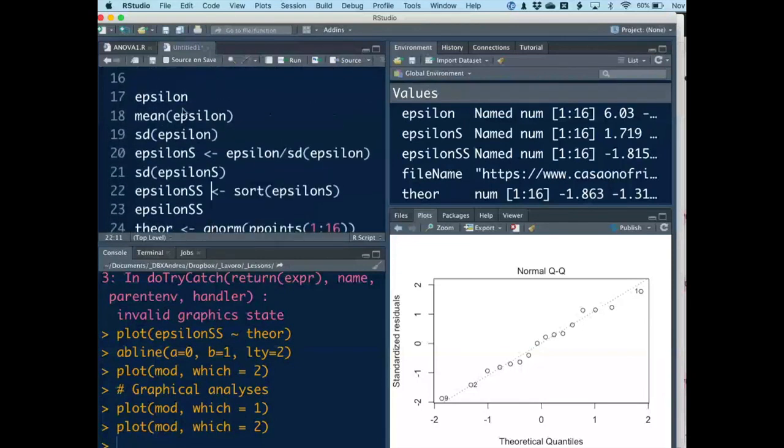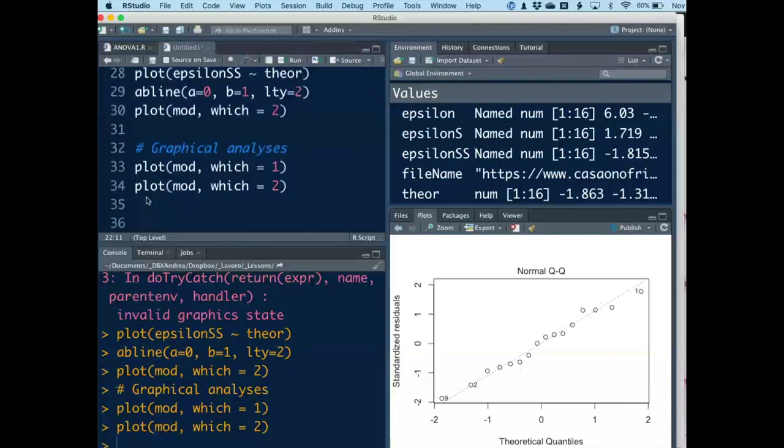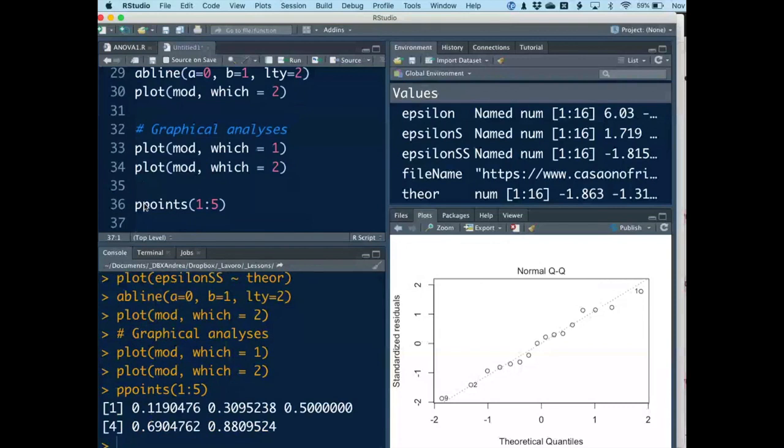We have two functions, one inside the other. So let me show you. If I use the p-points function and ask for, let's say, 5 points, so 1, 2, 5, what does it tell me? It tells me what are the percentiles corresponding to these 5 observations.